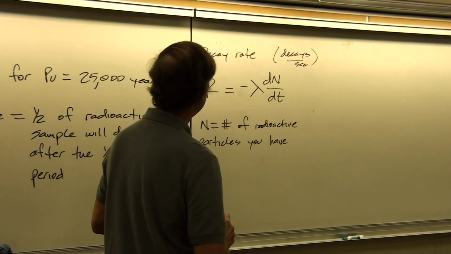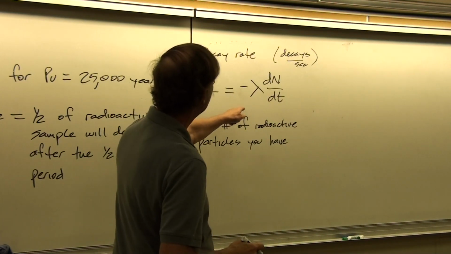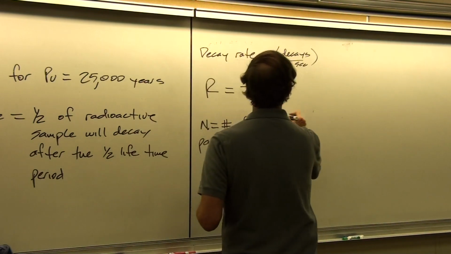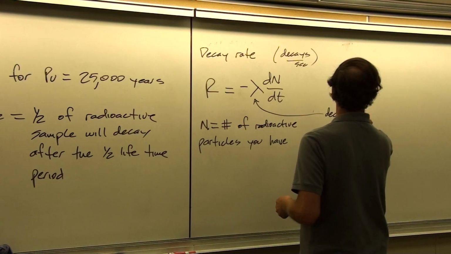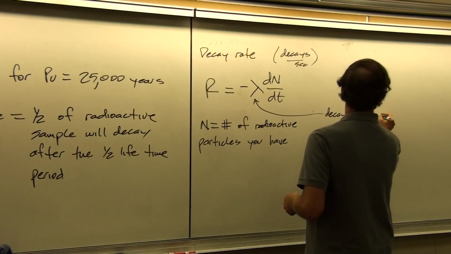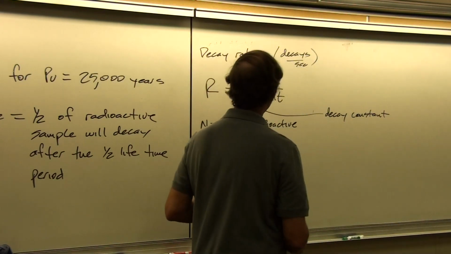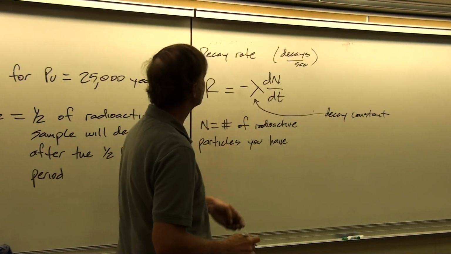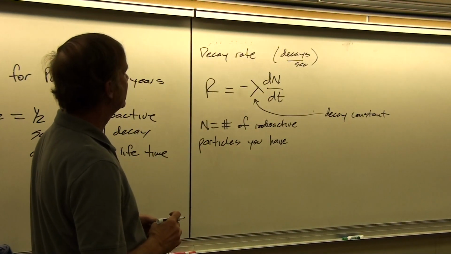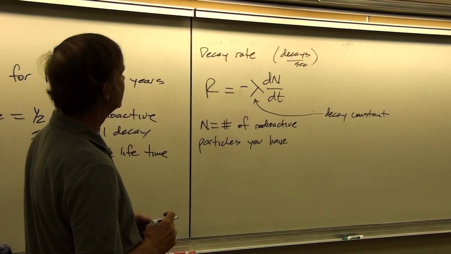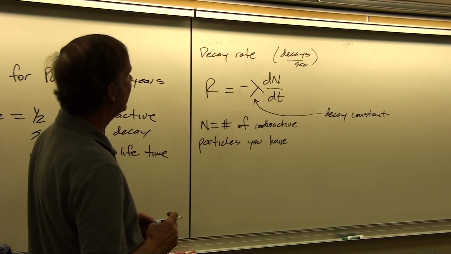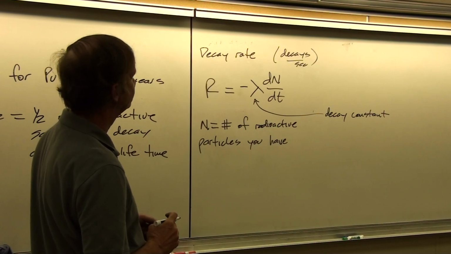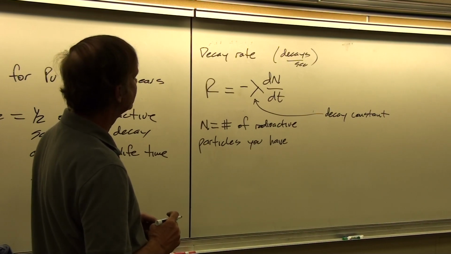So dN/dt, our decay rate, is equal to, we call here a decay constant, multiplied by the derivative of the number of radioactive decays that you have per unit time. Okay?